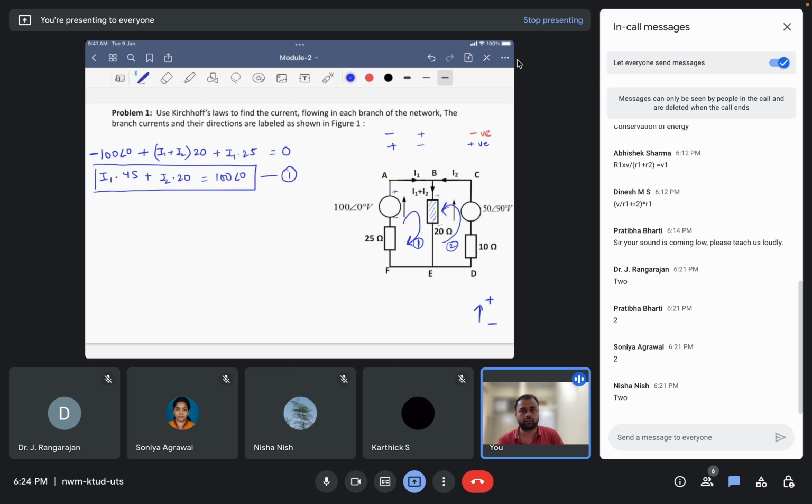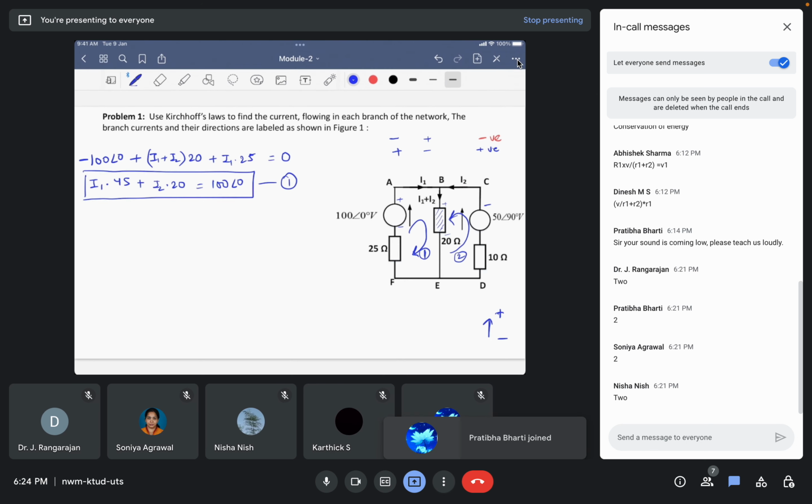Similarly for the second loop, that is loop BCDE, we have to write the equation. Again here we are following the convention, that is anti-clockwise. So this is positive, this is negative, and the current is flowing from negative to positive. So again minus convention, so minus 50 angle 90 degrees.